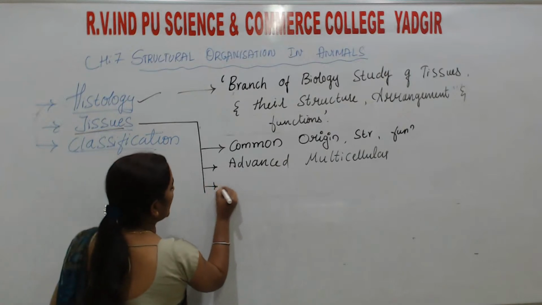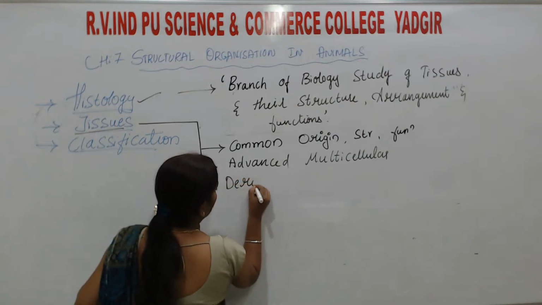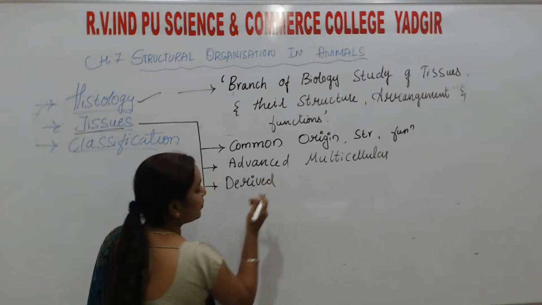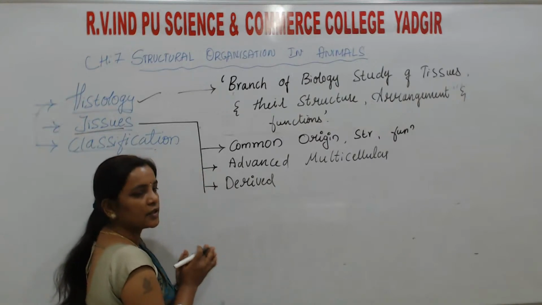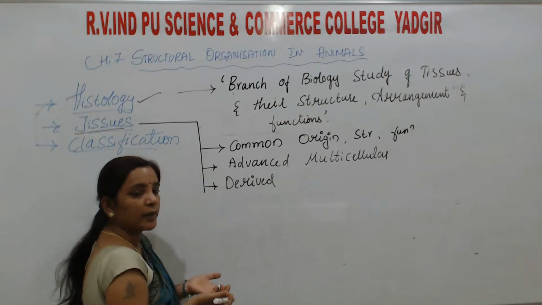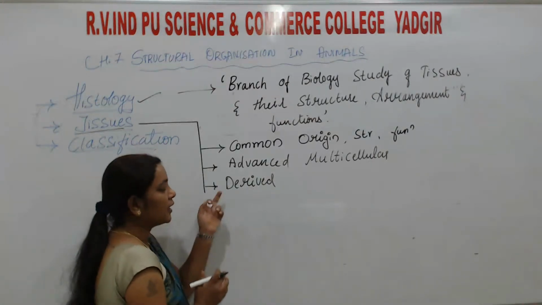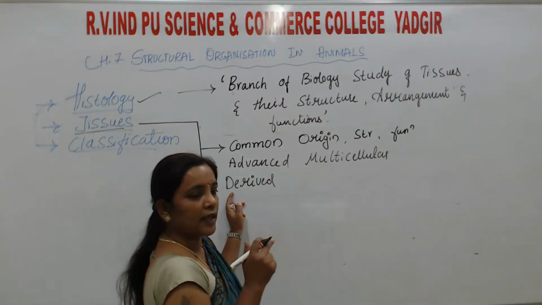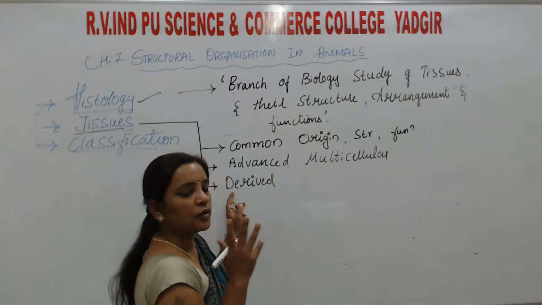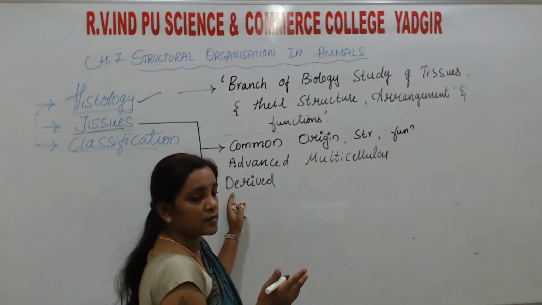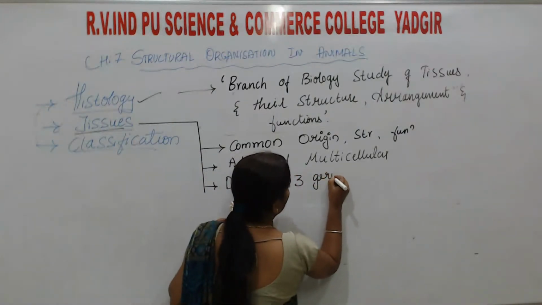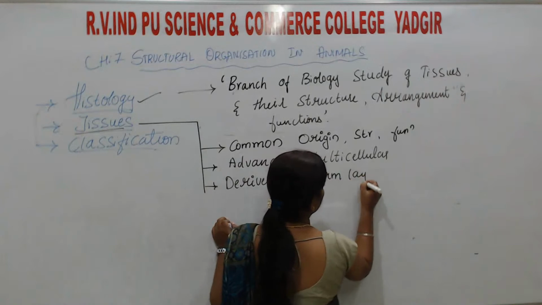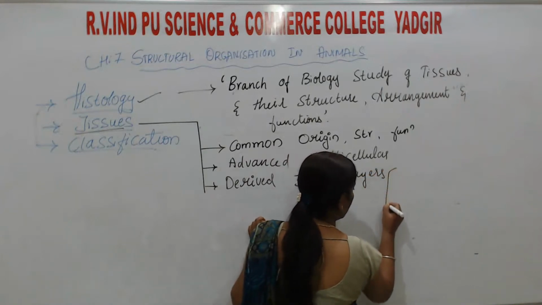And how are tissues formed in human beings, animals, and living organisms? How are they made, how are they derived? They are derived from three germ layers. What are the three germ layers?